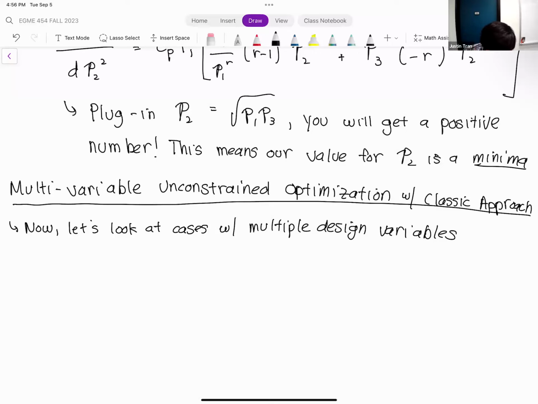Even though we're working in multiple dimensions, with multiple variables now, our approach is still the same. It's just that the methods have to be modified slightly to work in multiple dimensions.